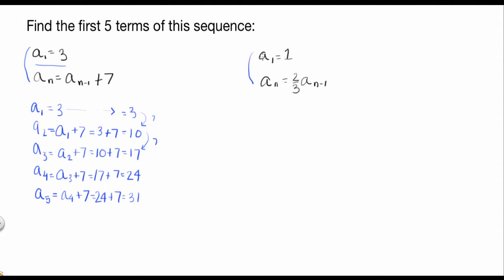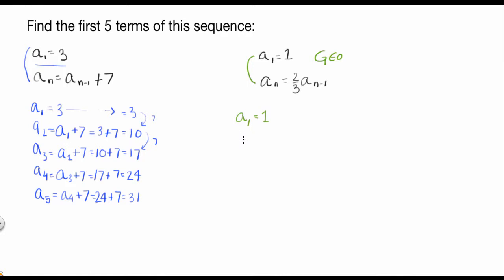Okay. So once again, this is recursive. And in this case, okay, this is a geometric sequence. Okay, so this is geo, and once again we write down our pattern. A1 is given; it's just 1.